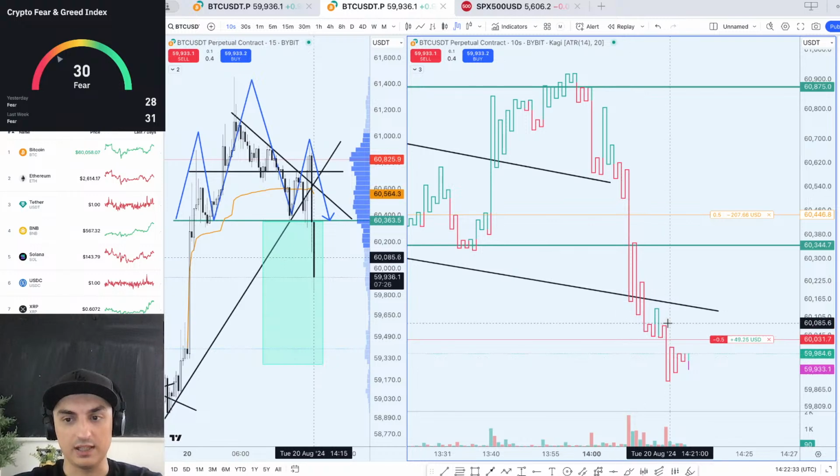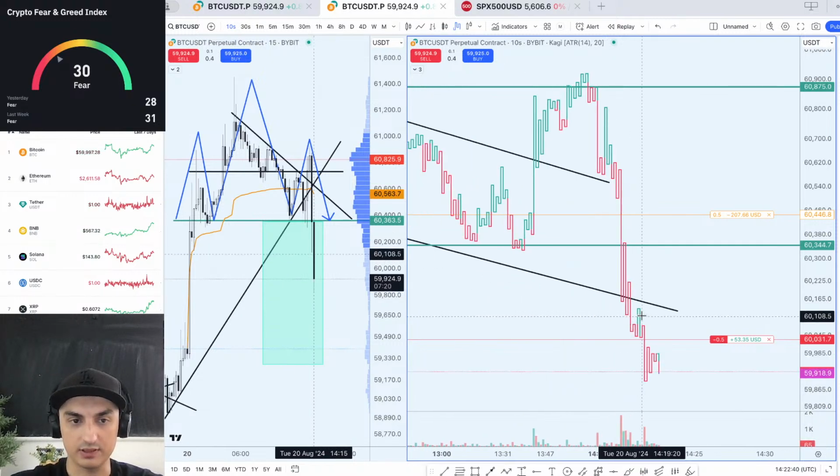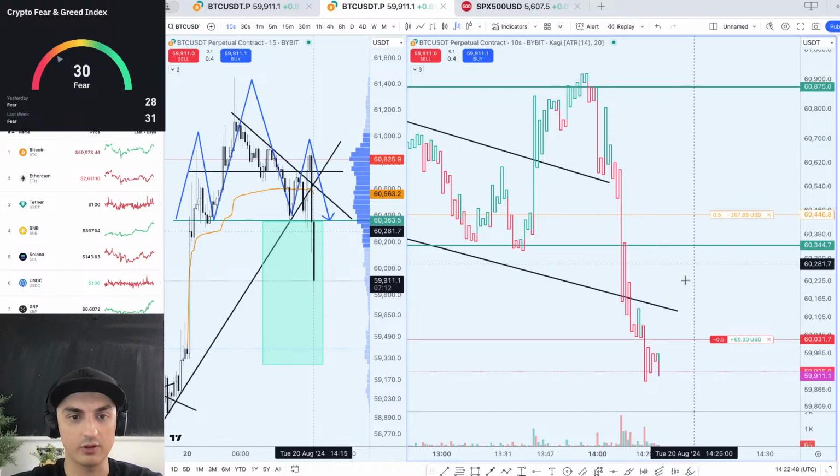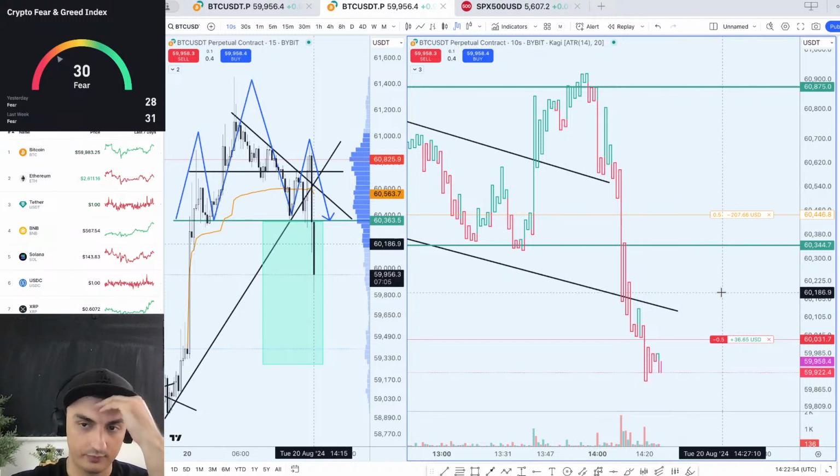Let's see if we can get this test of 6,100 once again. That is going to be an interesting point. And if we get a fail of the retest of 6,100, then it's going to propel to the upside once again. But right now, still kind of good.